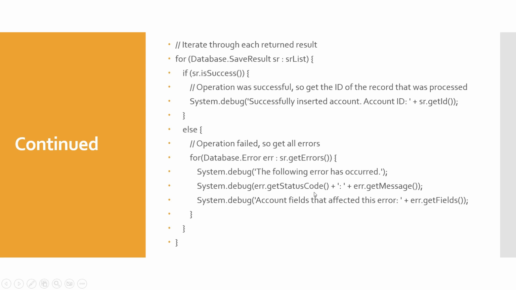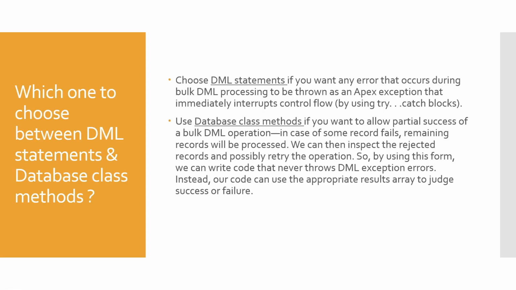We are also getting the status code through getStatusCode, and calling the getMessage method, and System.debug 'Account fields that affected this error'. So we can also obtain fields through getFields. This is how we can do it in database class methods.